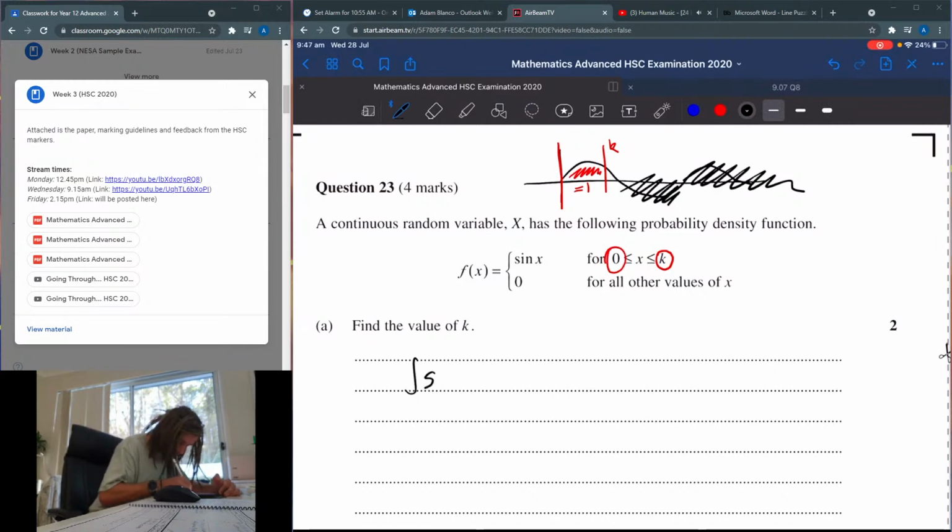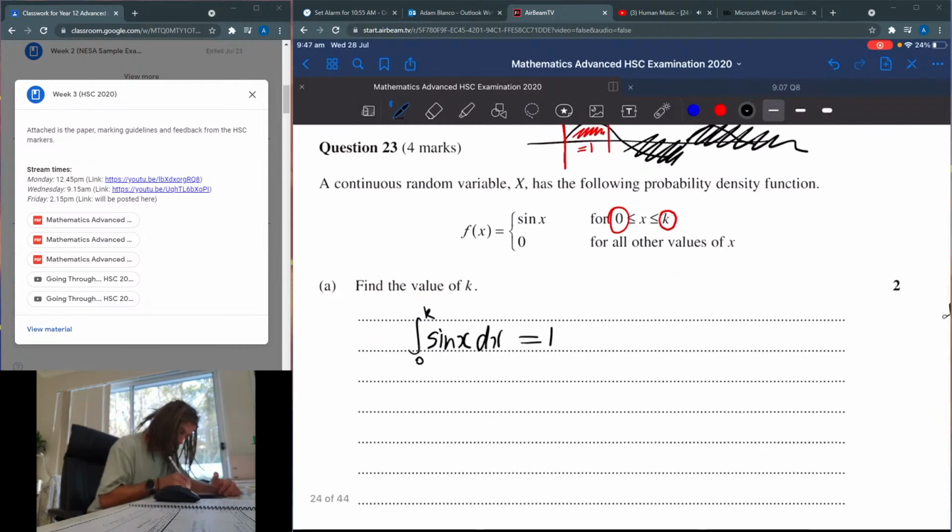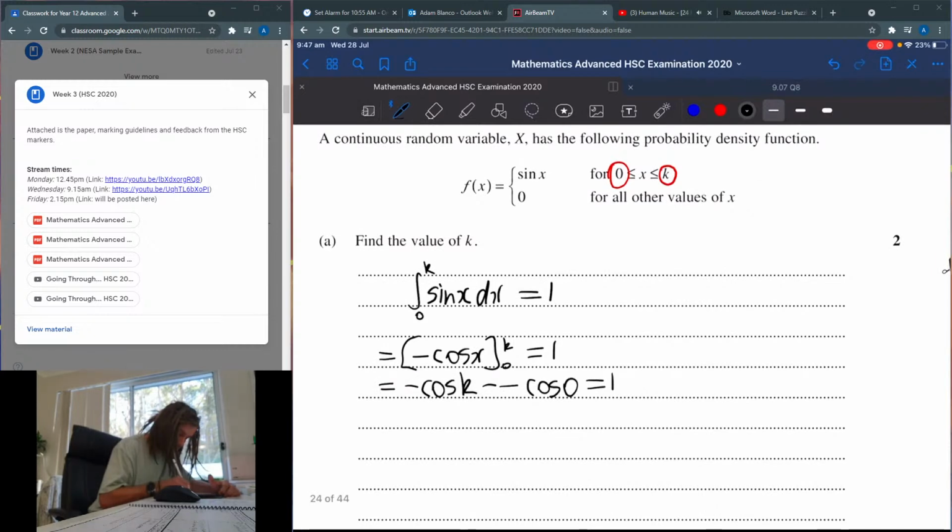I'm going to integrate sine x from 0 to k, and that should equal 1. So when I integrate, I get negative cos from 0 to k, that needs to equal 1. So that's negative cos k minus cos 0, that's got to equal 1.